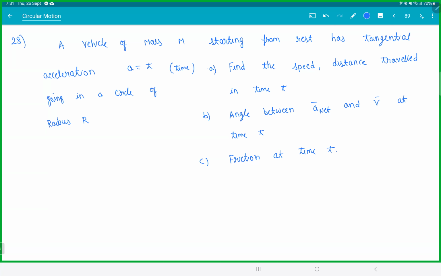Let's see. Any answers? V is t square by 2.